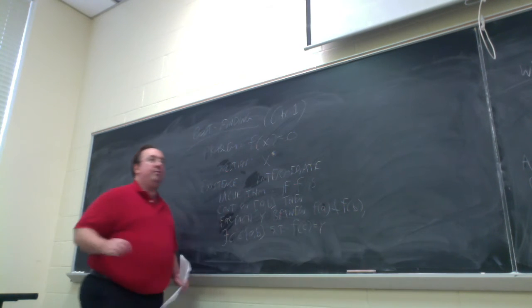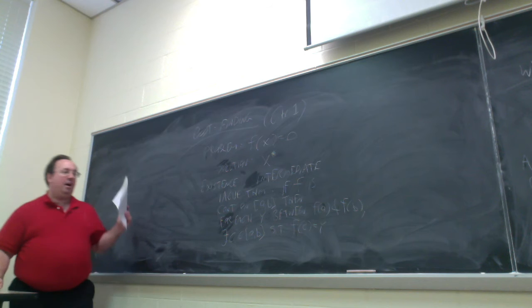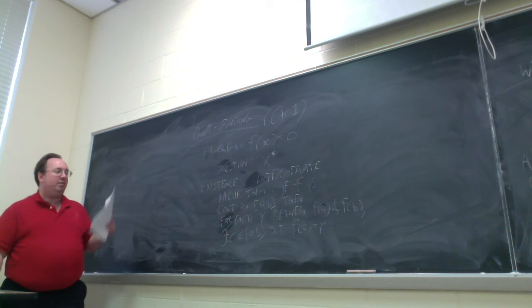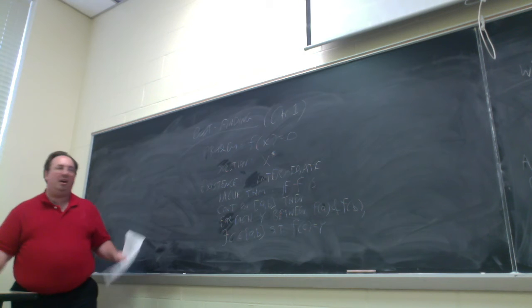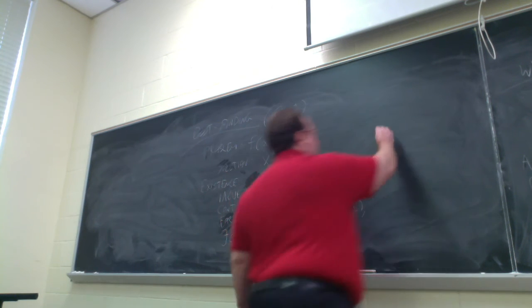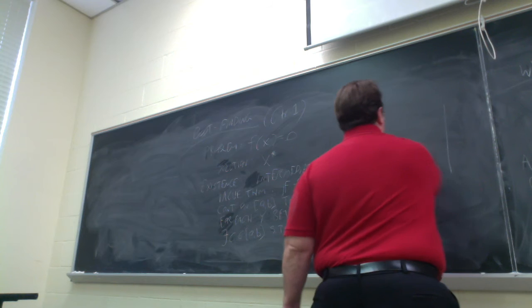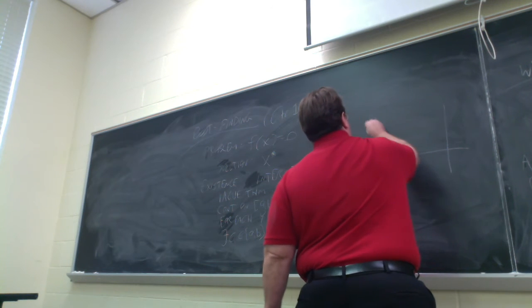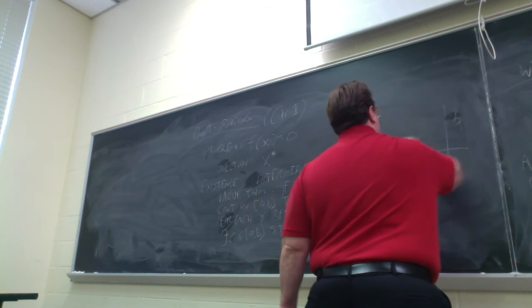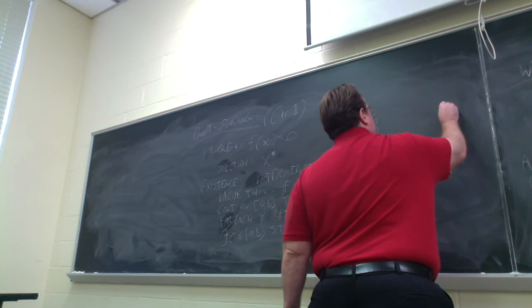So whatever f(a) and f(b) are, f has to assume every value in between just by continuity. And it makes sense, if the function is continuous, there's just no way around that. So for instance, here's f(a), here's f(b).